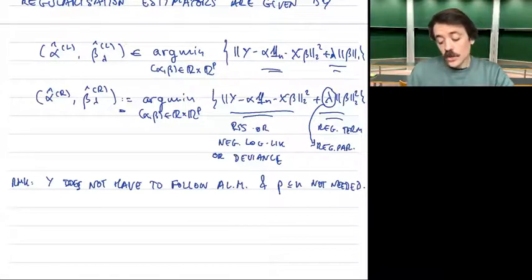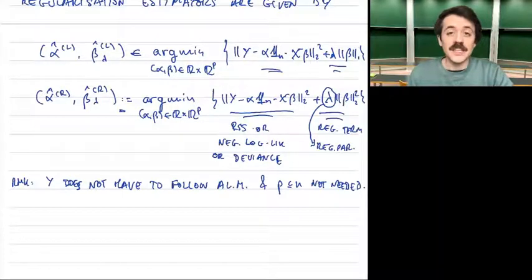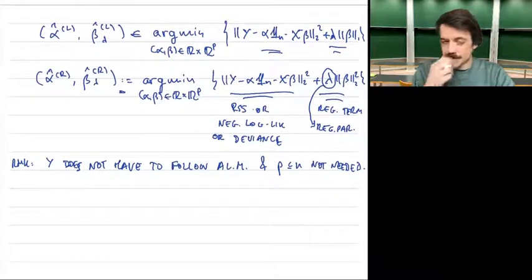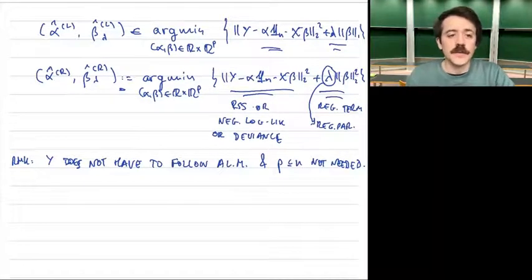The closed form solution you will have for p less than or equal to n, which you can find in the example sheet. I think in the second example sheet we'll see that.